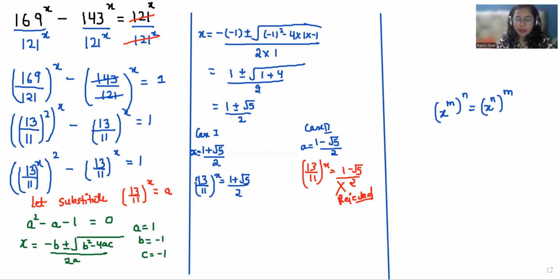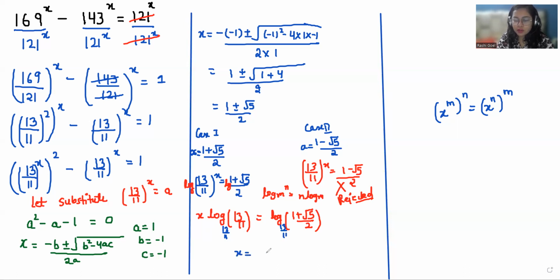To solve this, I am taking log on both sides. So according to the log rule, log m^n is equal to n log m. We can write it as x log(13/11) is equal to log((1 plus root 5)/2). Now we can take a common base, 13/11. So if log base 13/11 of 13/11 has the same base, we can consider it as 1.